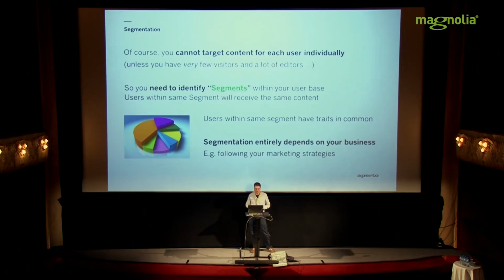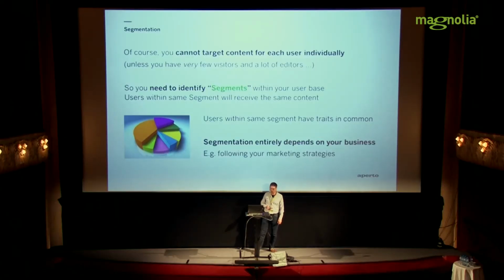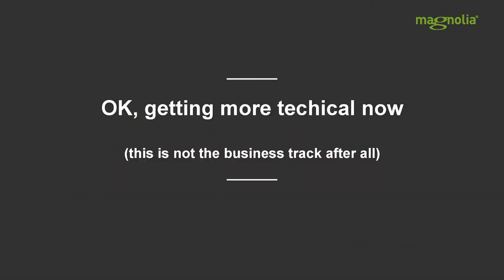Users within the same segment will receive the same content. And it absolutely depends on your business and your kind of website what strategies you should follow for creating those segments and creating rules that put users into segments. So that's absolutely up to you.